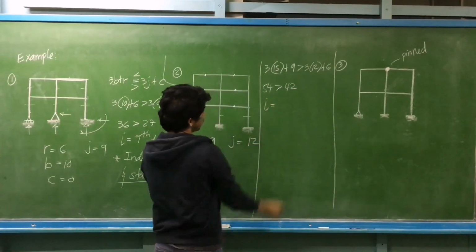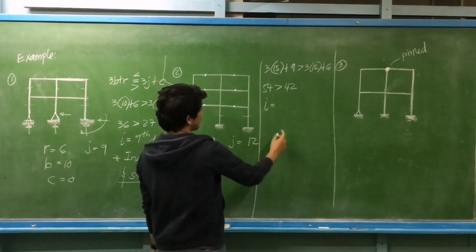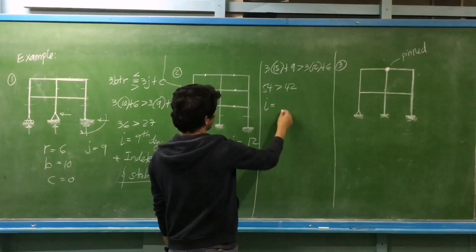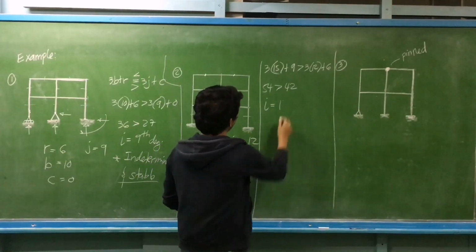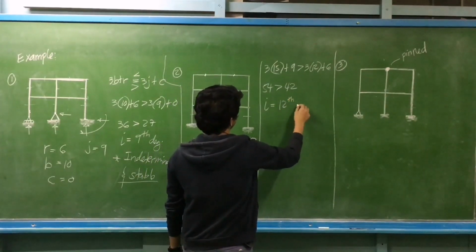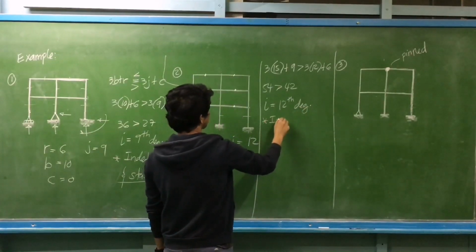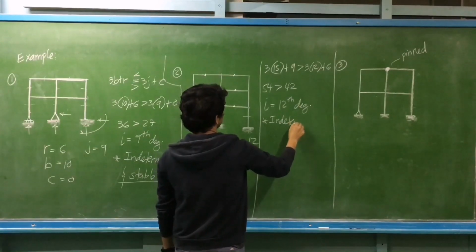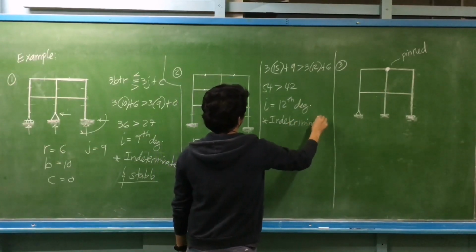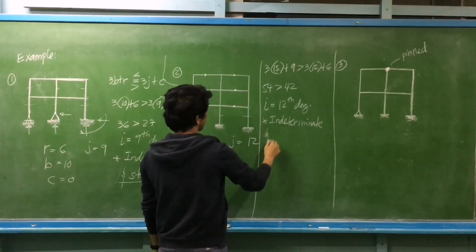Degree of indeterminacy, 54 minus 42, is 12. The 12th degree of indeterminacy. So this is indeterminate, at the same time, stable.